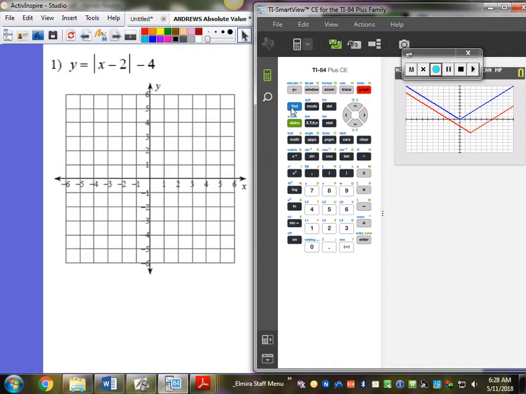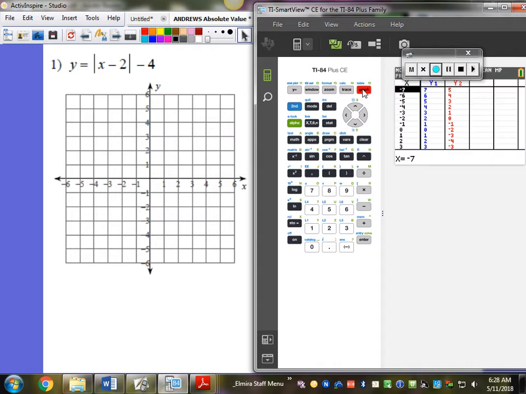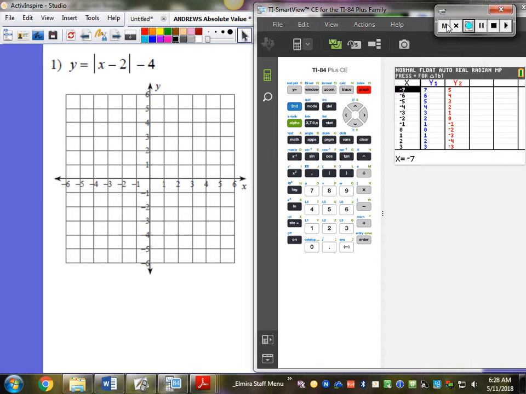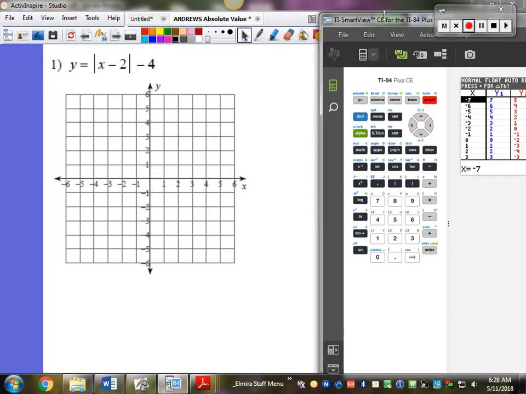What I want you to do is go to your table, graph the y2. In other words, only graph the function that you are given here. Okay, so I'm going to follow the, let me pull this out.